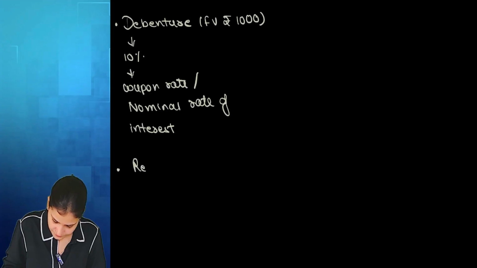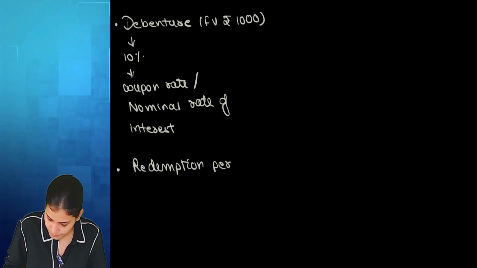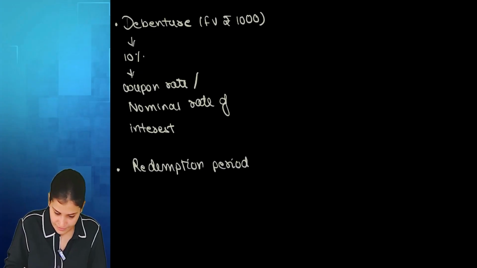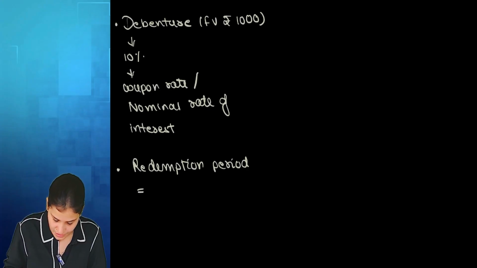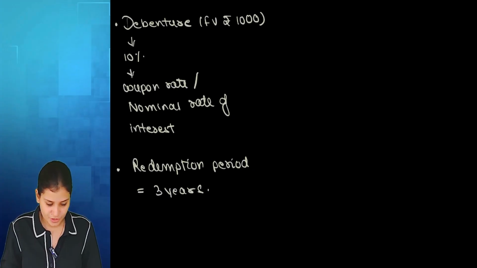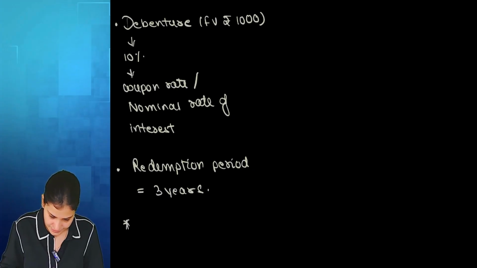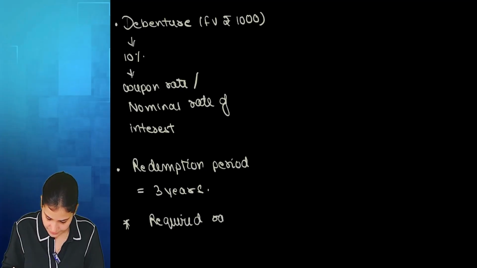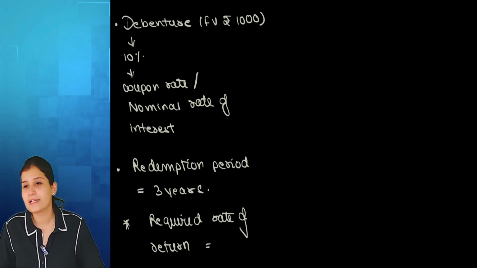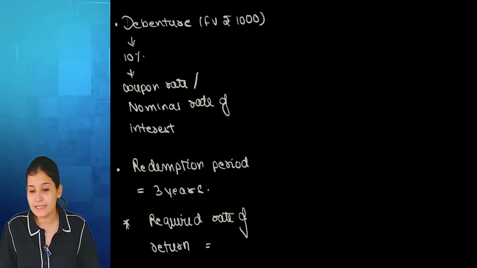Now we also need two, three more things. First, the redemption period. When are we supposed to return the loan? Say the redemption period is 3 years. Then we have a required rate of return. What is the required rate of return? See, the 10% is the extra.